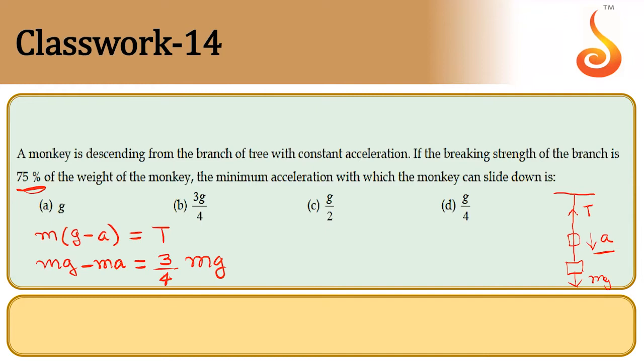We need to find the acceleration. See, the more the acceleration, the lesser the tension. That's why they have asked for minimum acceleration, right? Send this ma to the other side, 3/4 mg to the left hand side. Before that you can cancel m throughout. Now g minus 3/4 g is g by 4, equal to a.